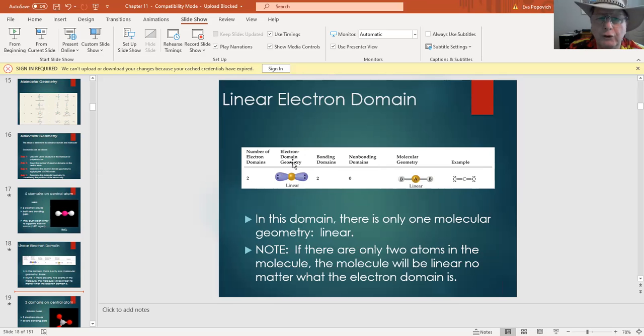So my electron domain geometry is going to be linear, but I only have 2 things, guys. I only have the atom of the carbon and the nitrogen. That molecular geometry is also going to be linear. If I have 2 atoms sticking out here, like in BeH2, I've got 2 electron clouds. Each of them is hooked to an atom. My molecular geometry is also going to be linear.